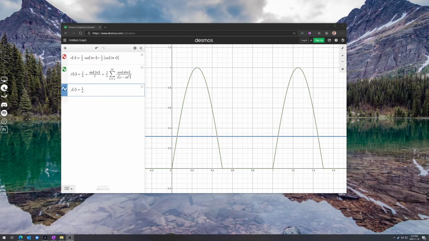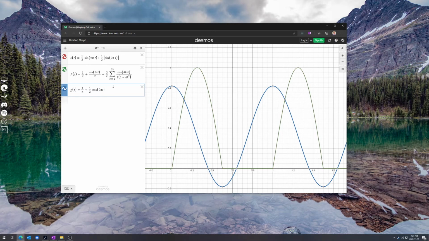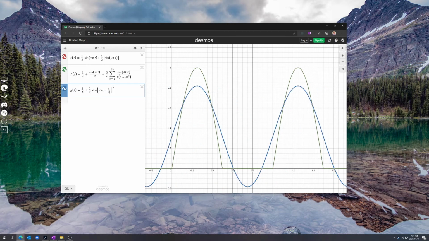So we'll turn back to Desmos here, and I've already got the DC term 1 over pi. But now let's try taking a look using only cosines with magnitudes and phases if we can approximate this signal. And our first magnitude is 1 over 2 for a cosine term in the fundamental frequency 2 pi t. Now we do need a phase shift of negative pi over 2.